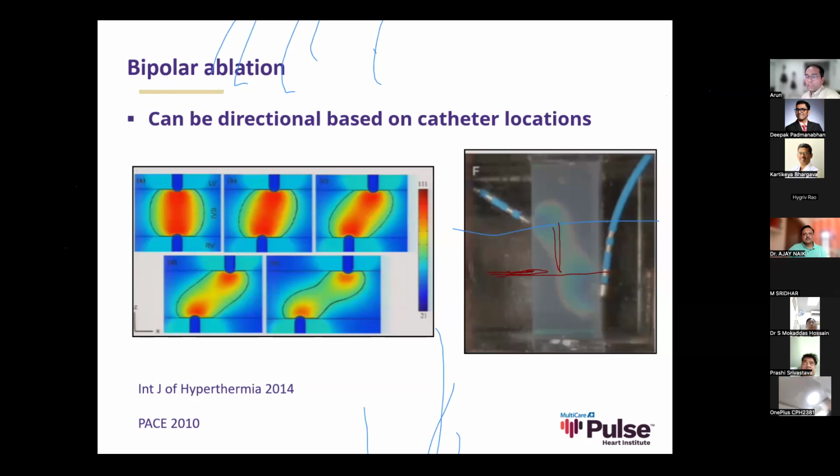Nothing else has changed in the system except for the lesion, right? The patient's body weight is the same, everything else remaining the same. If there is an impedance drop, then we assume that it is because of a local impedance drop, because everything else in the system remains the same. So then we say that it is an adequate lesion. So that is one way of lesion monitoring.